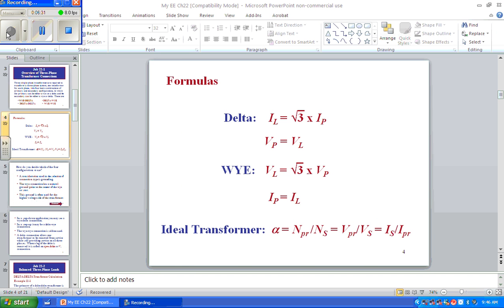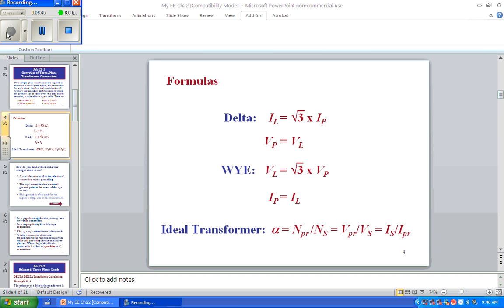All right, let's go back to our third slide, where it was talking about the ideal transformer. We have our formula here: the number of windings in the primary over the number of turns in the secondary is equal to the voltage in the primary over the voltage in the secondary, which is inversely proportional to the current ratio, which becomes the current in the secondary over the current in the primary.